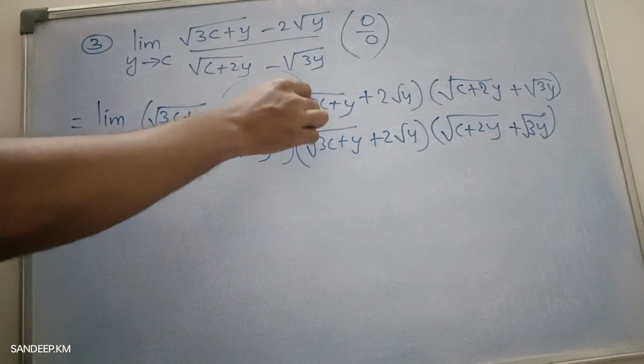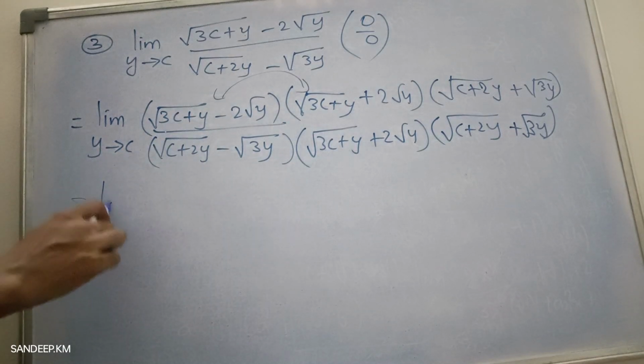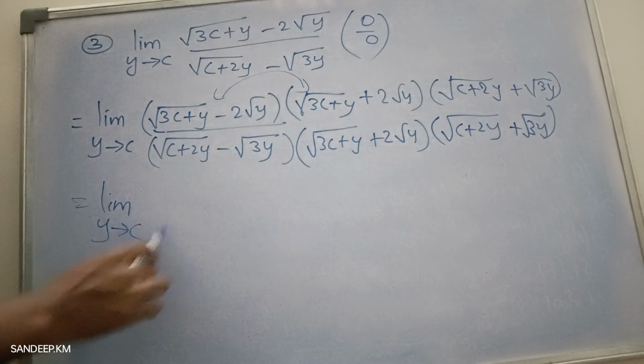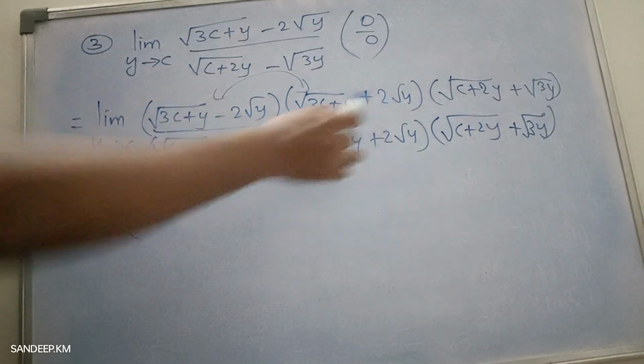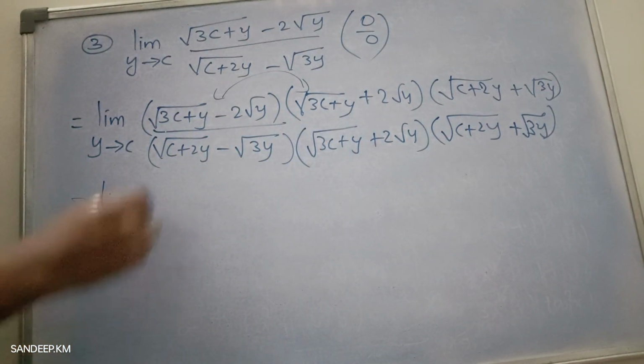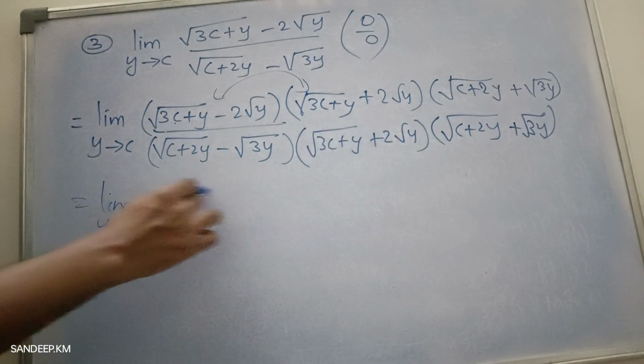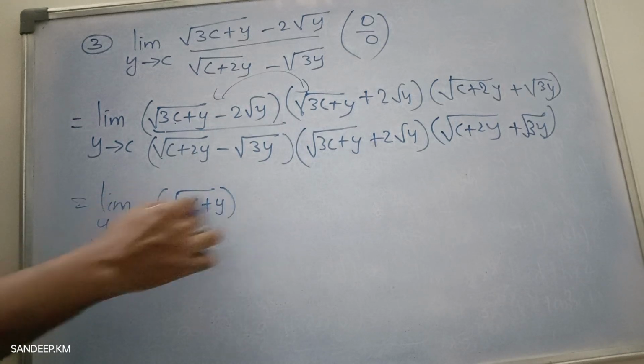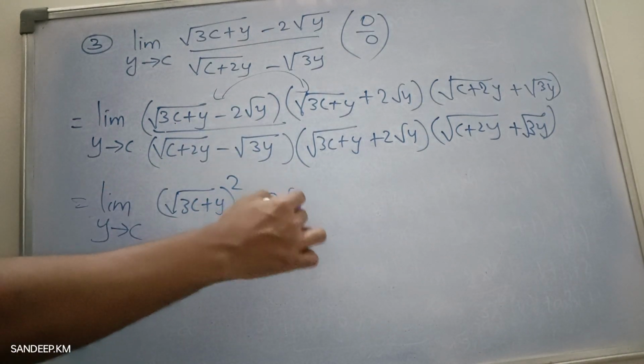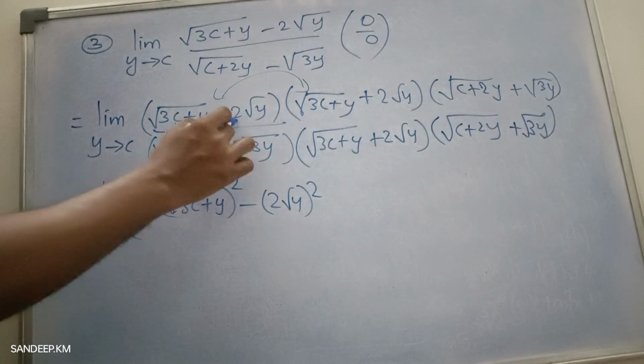Obviously, I can multiply these two using what identity? A minus b into a plus b is a square minus b square. So this is root of 3c plus y whole square minus 2 root y whole square. I just multiplied these two.